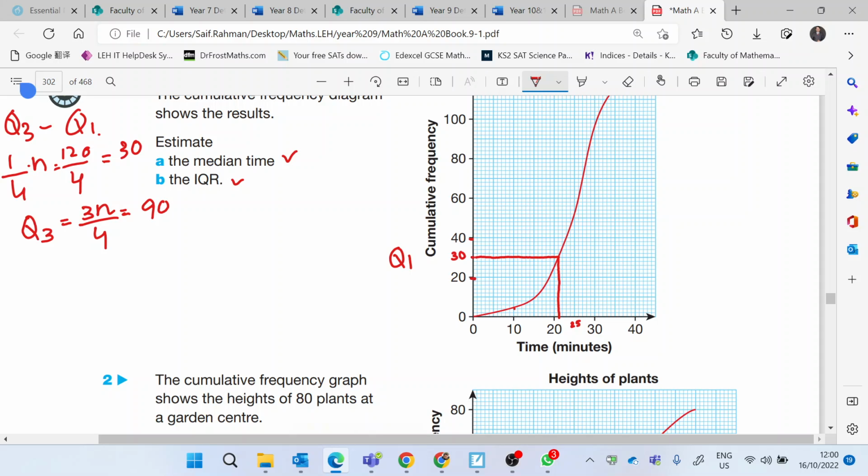We'll have a look at the center. 90 is here, Q3.